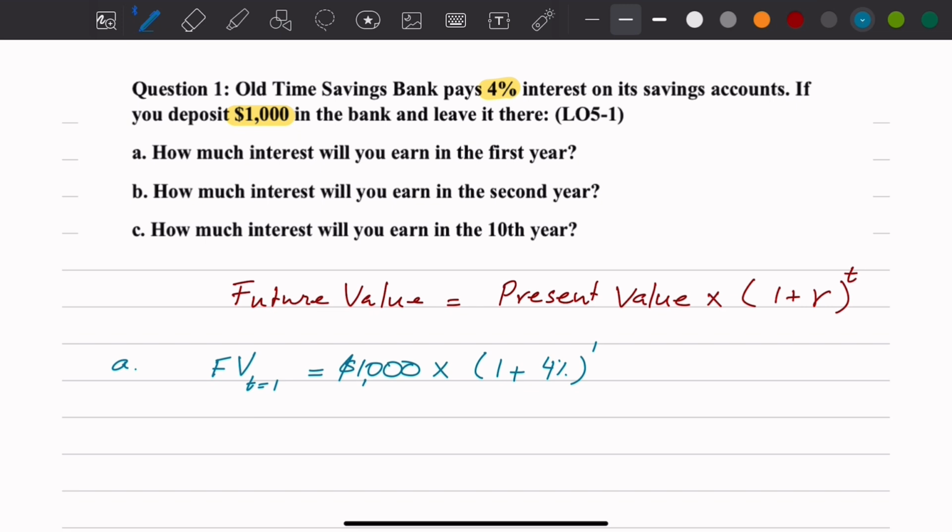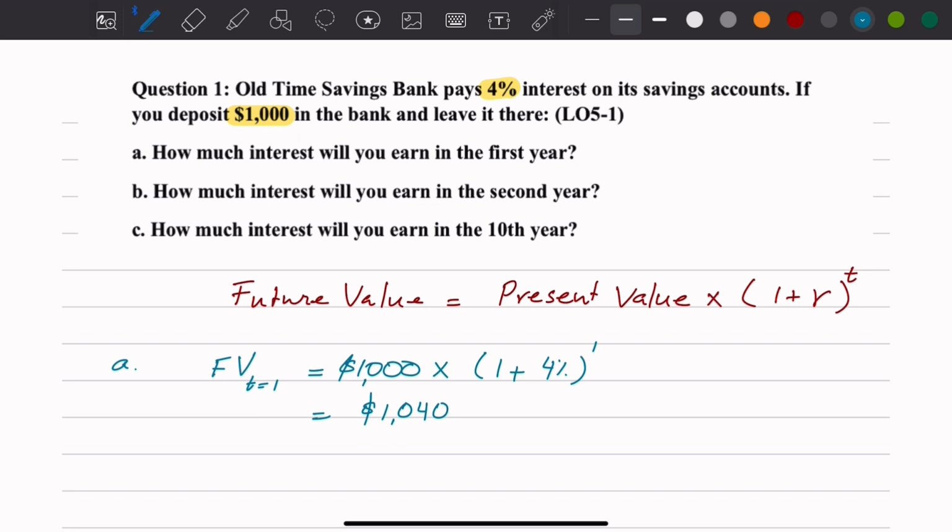Okay. So, turning to our calculators, 1,000 multiplied by, we open a bracket, 1 plus 4%, so that's going to be 1.04, close the bracket, and that's going to give us $1,040.